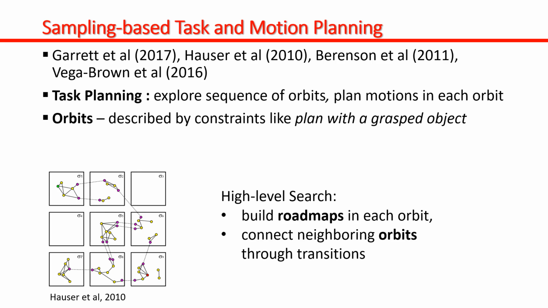So we choose the notation of calling these subspaces orbits, as has also been used in prior work, but alternate notations also call them constraint manifolds or factored spaces. Out of these, Vega-Brown et al. actually focused on a formulation of this algorithmic framework and the properties that afforded asymptotic optimality.